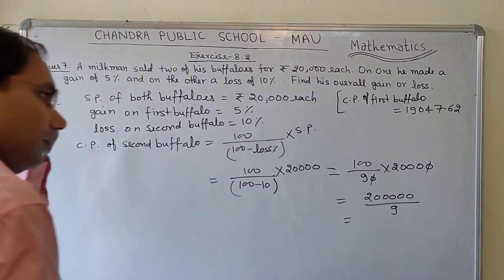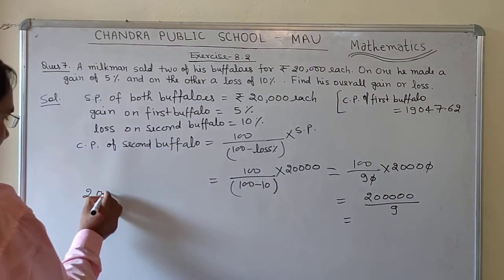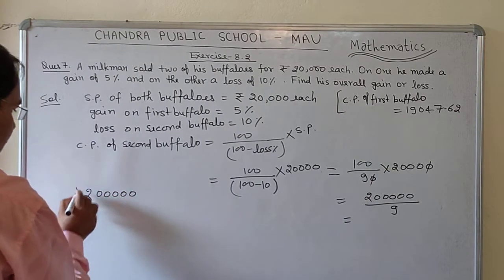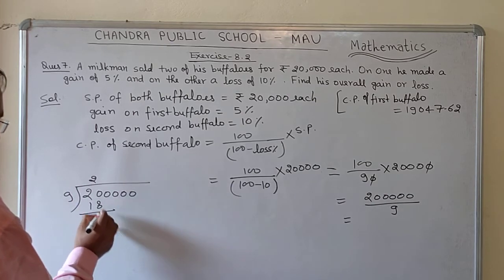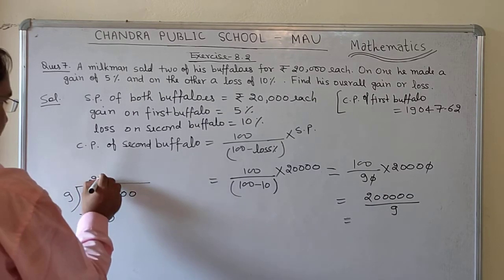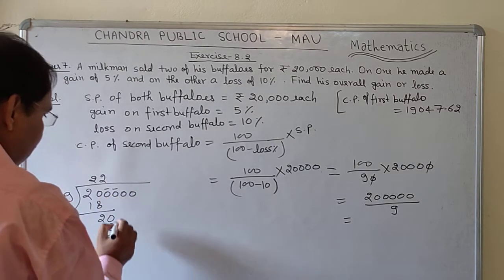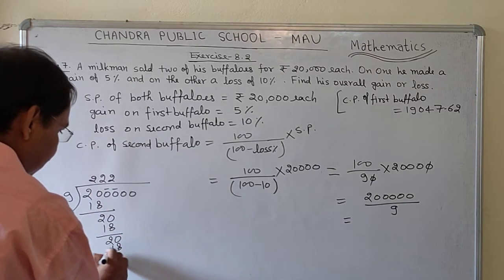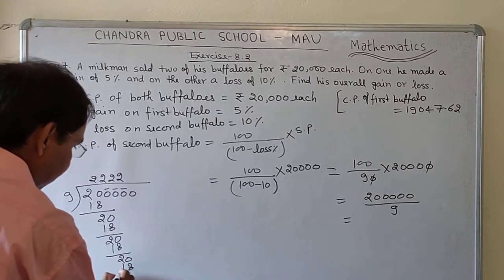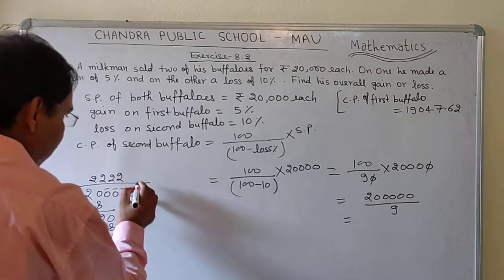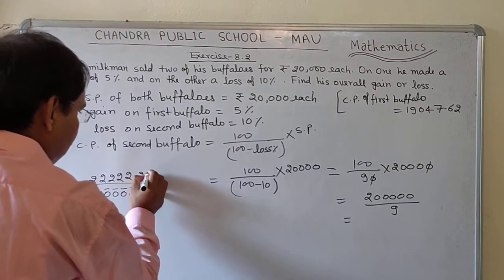Now it is equal to, so again you need to divide it. So 2 and how many 0s are there? 5. So 1, 2, 3, 4, 5, divided by 9. So 9 2 are 18. It is 2, then 0, then 9 2 are 18, again 2, and again you will put the next 0, 9 2 are 18, then 2 here, again you will put the next 0, 9 2 are 18, then 2, and again you will put the next 0, 9 2 are 18, then here it will be 2, so it will be 0.22.